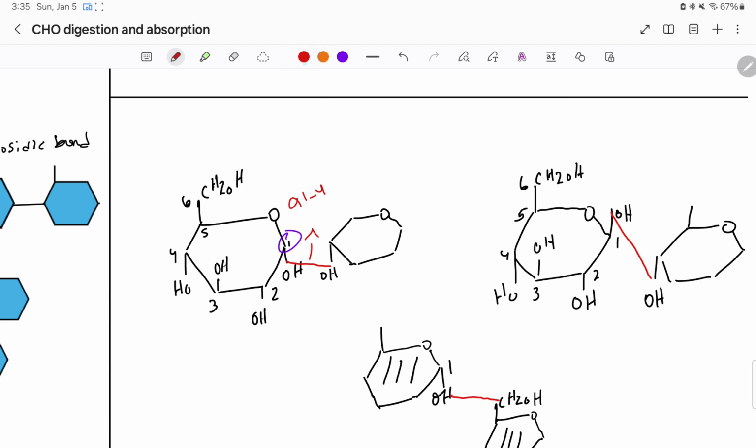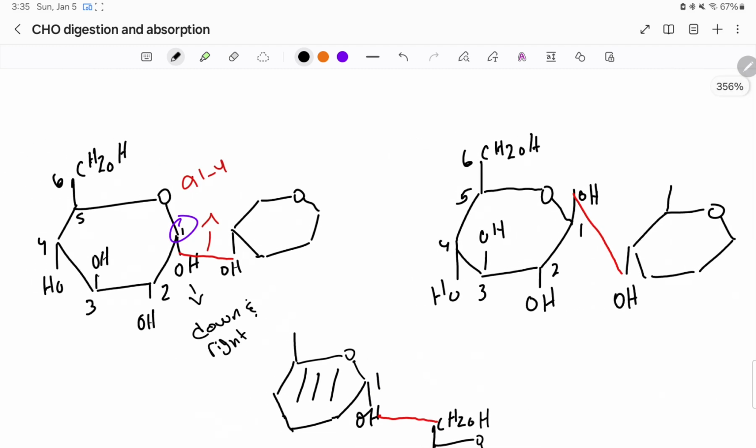And it's when the hydroxyl group here is pointing down, or if you're looking at a Fischer projection, right, okay? So down and right is going to be this alpha 1,4, okay? Now, what if it isn't pointing down?